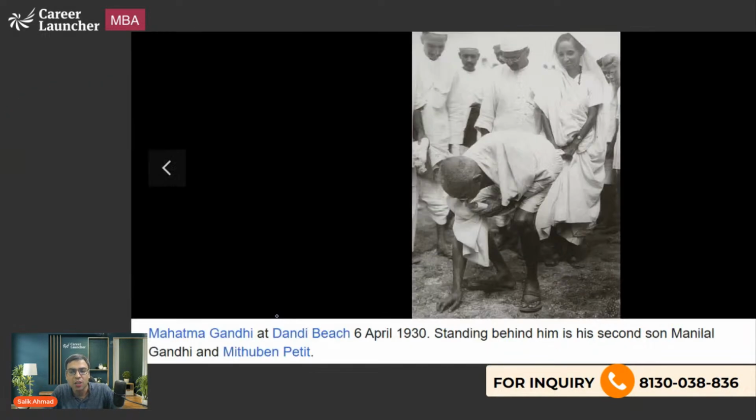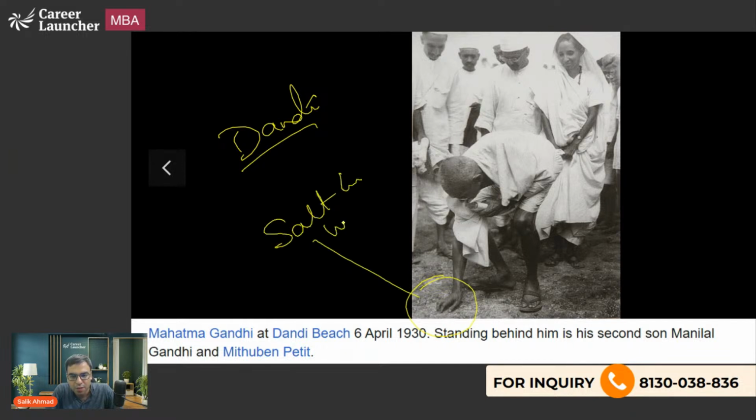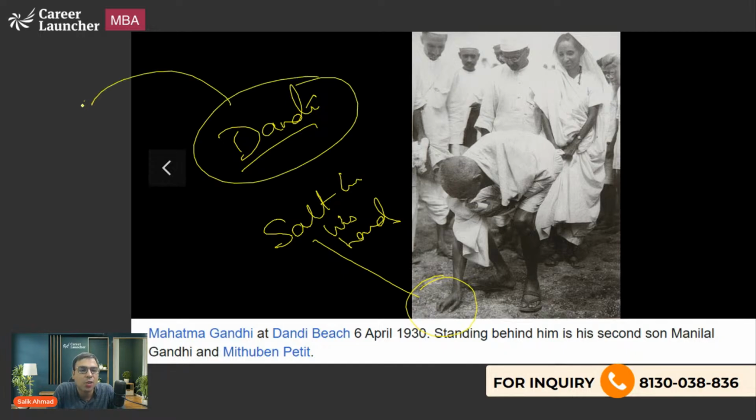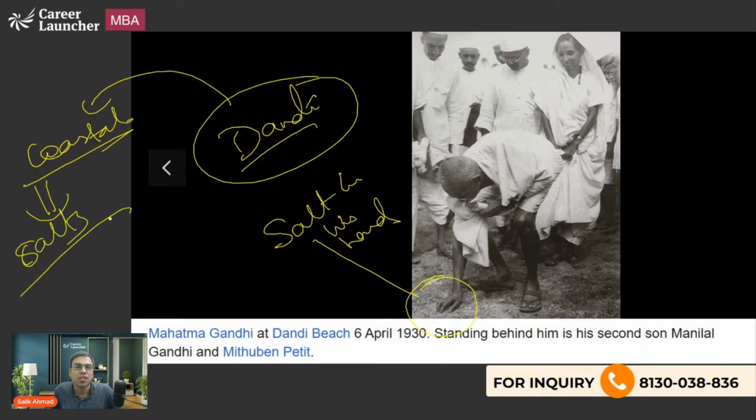Now, what is breaking the law? This is actually a symbolic gesture. When he reached Dandi, he took the salt in his hand, marking a symbolic way of breaking the salt law. Dandi is a coastal region, and I'm sure you have a basic idea that on the coast you will find salt, and salt is even manufactured there.